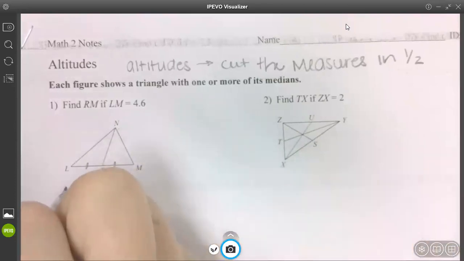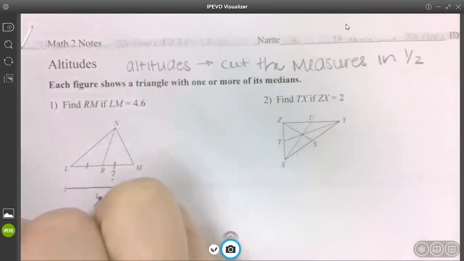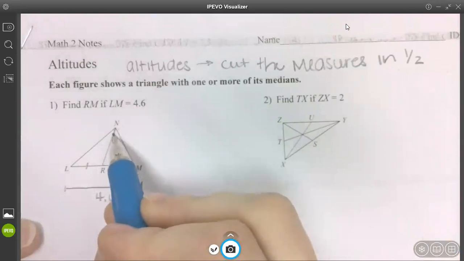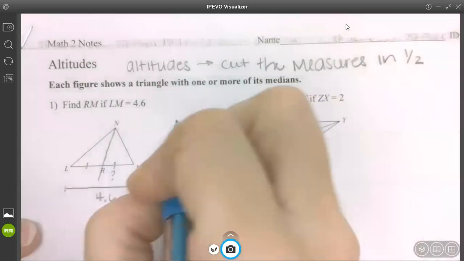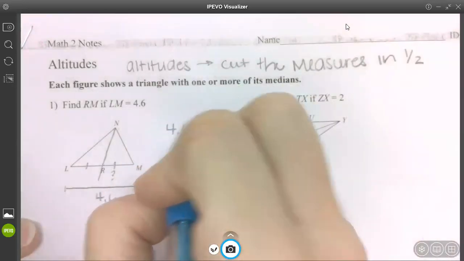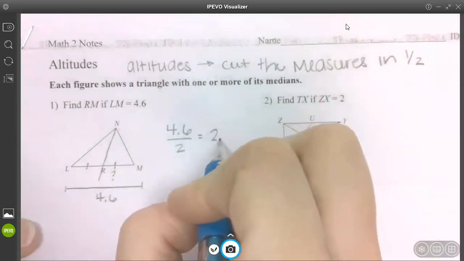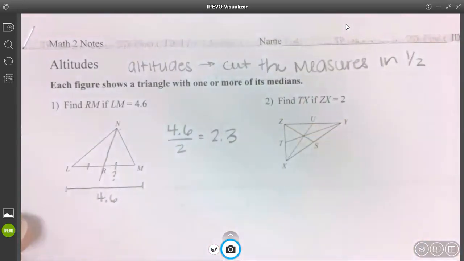And it says the full LM is 4.6. So if we have the full length, and I know that NR, or this line, cuts it in half, what we're going to do is 4.6 divided by 2. We're going to get each part as 2.3. It is that simple. Again, don't make it more complicated than what it is.